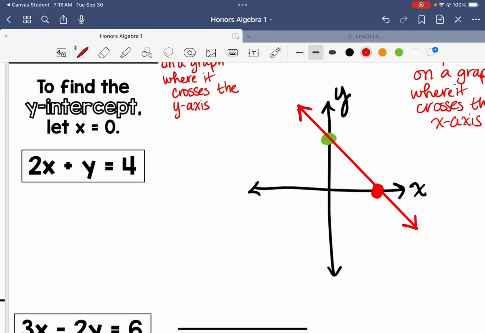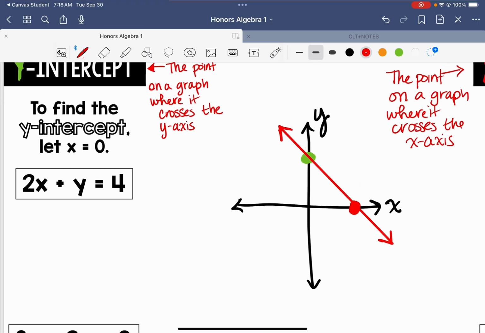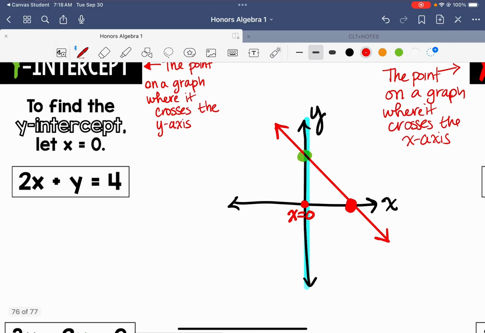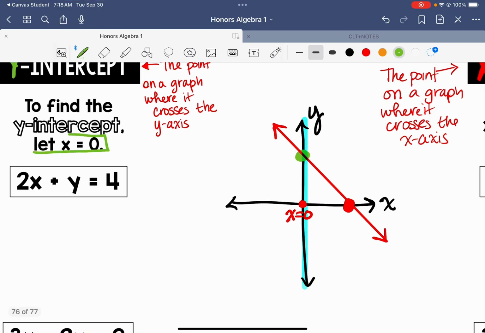So to find the y-intercept, if I think about the y-axis, this is where all of the points have x equal to 0. X is always equal to 0 along the y-axis. So to find the point on there, you always let x equal 0.